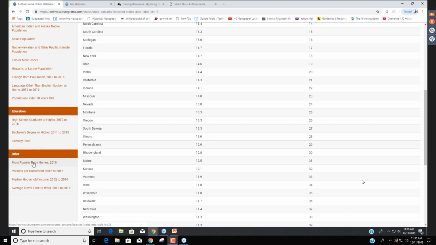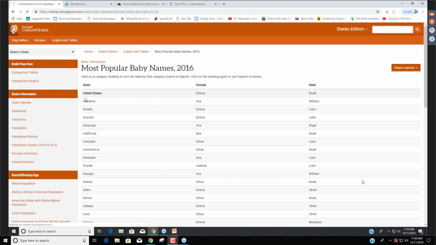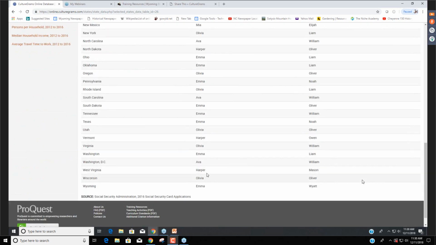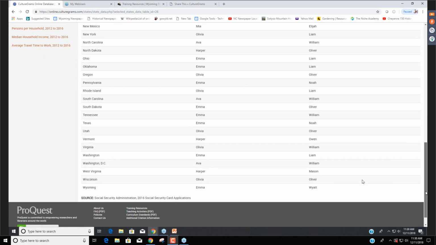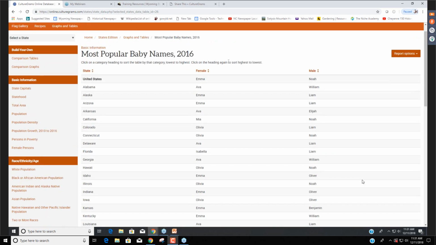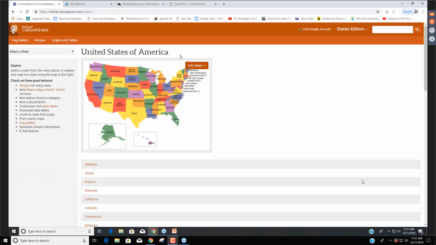But the last one I'm going to show you is just most popular baby names in 2016, alphabetical by state. So I know you're all curious. I'm going to scroll down. And in Wyoming, it was Emma and Wyatt in 2016. So this has a broad range of information, from poverty rates to most popular baby names to famous people and recipes and mannerisms and cultures and holidays.